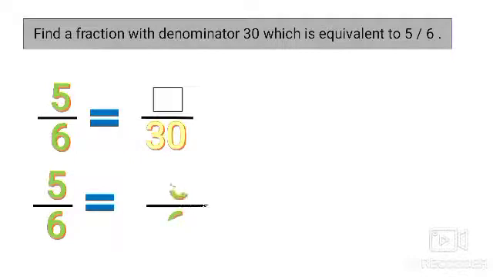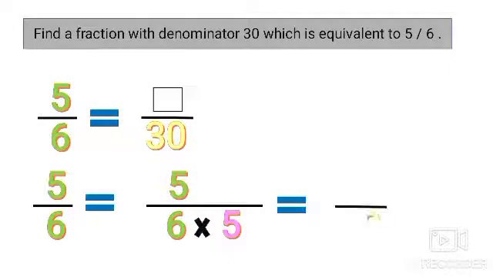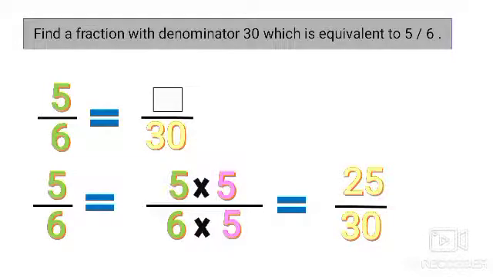Again you will write the fraction. Now multiply. You know in the 6 table, when you multiply by which number do you get 30? I know the answer is 5. But what is the rule? Whatever number you multiply in the denominator, the same you have to follow in the numerator. If you multiply by 5 in the denominator, that means you have to multiply by the same number in the numerator. So here the answer is 25 upon 30.